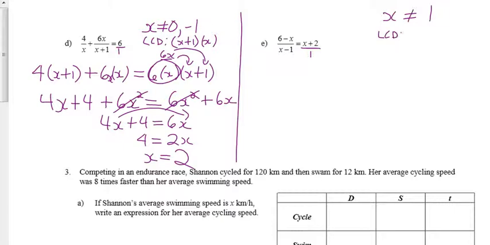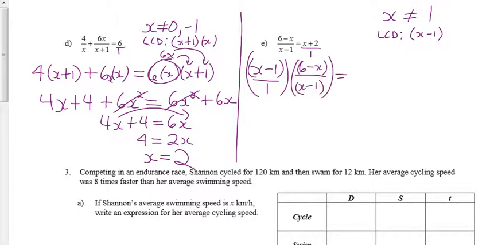LCD? x minus 1, x minus 1. Okay. We'll do this the long way because why not? It's not a big deal. And I'm going to go x plus 2 over 1 times x minus 1 over 1.